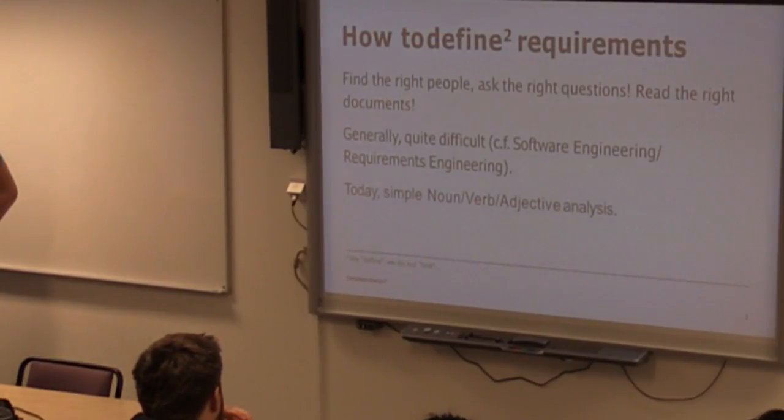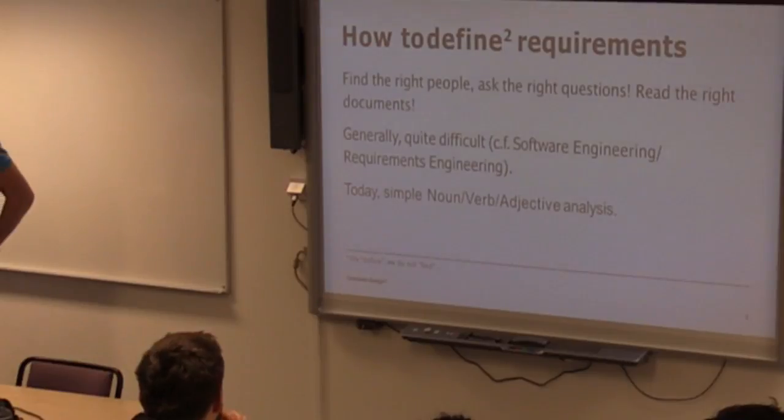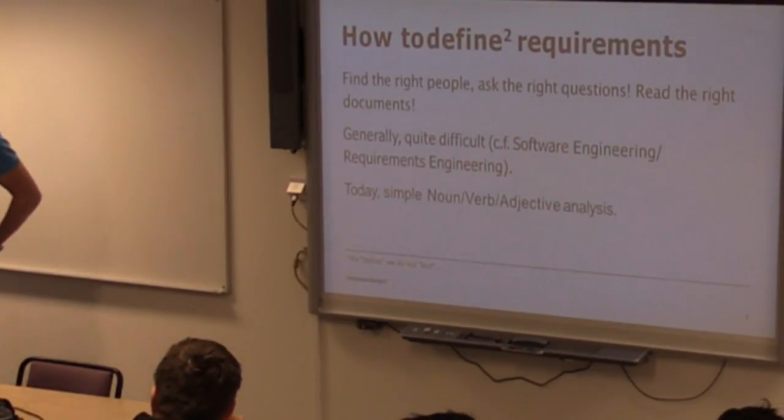I don't know how many of you have been studying software engineering. A few of you, yeah. Then you also know that there are a few phases there and a few methods for doing that. One of them is for creating the requirement specification.